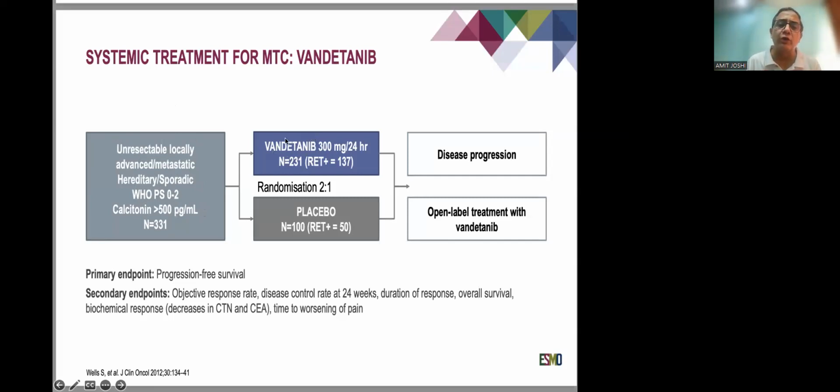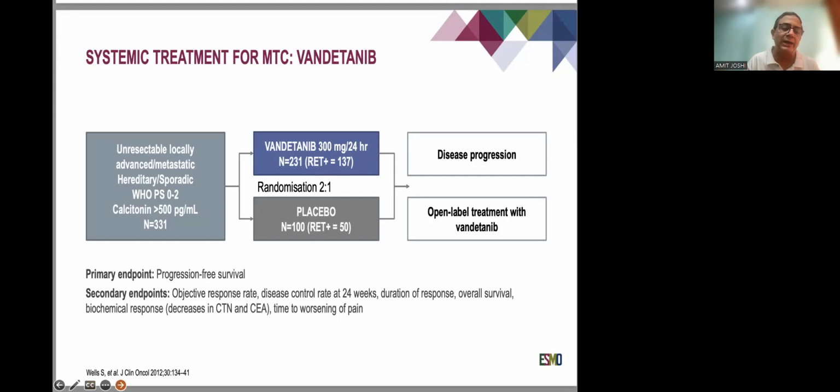By this time another VEGF inhibitor came into the picture, vandetanib versus placebo, because there was not much treatment at that point of time. Patients in this population were randomized to vandetanib versus placebo, and it was also a double-blind trial. That means the patient and the investigator don't know whether they are in the placebo arm or the drug arm.